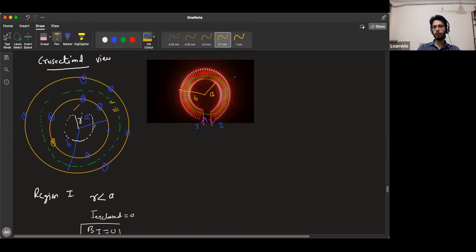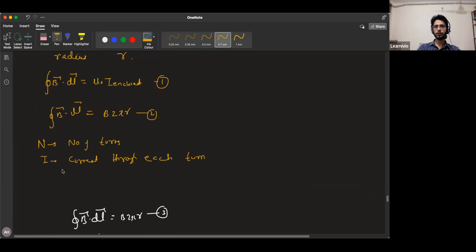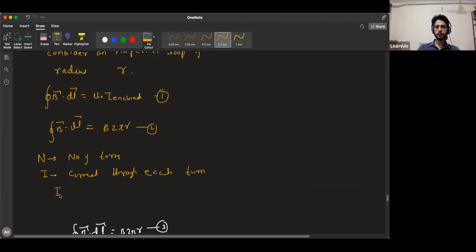This loop has N number of turns. Sir, NI. See, this is 1, 2, 3, 4, 5, N turns. Current through each turn is I. So the current enclosed by this loop is NI. So you can say that I enclosed is NI.